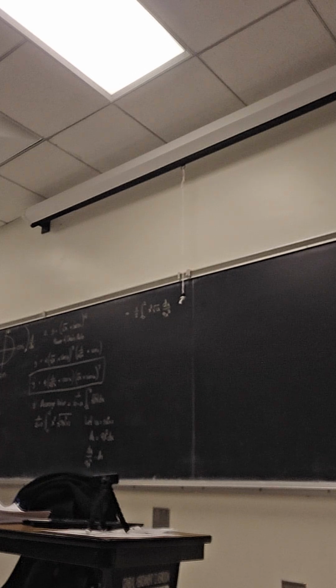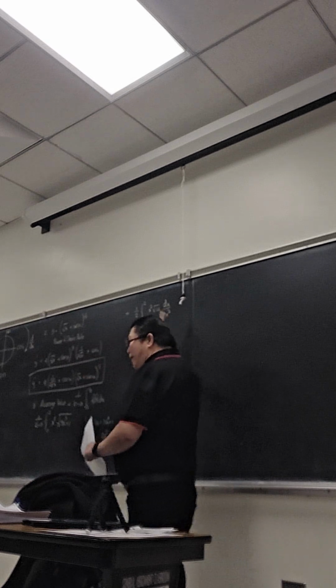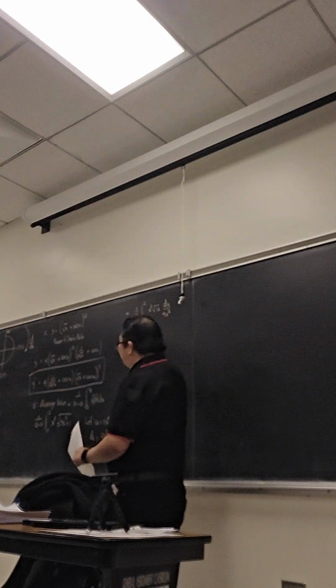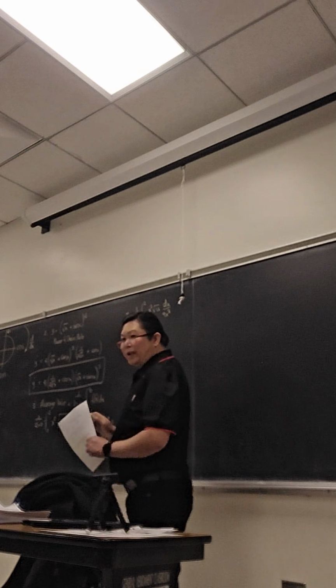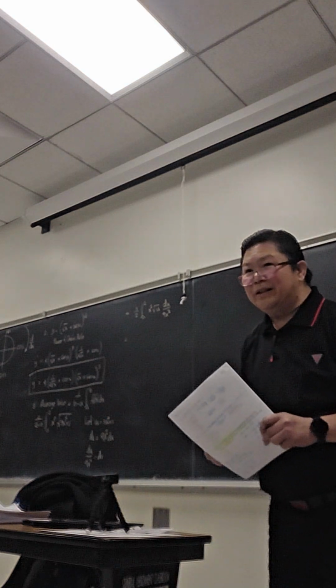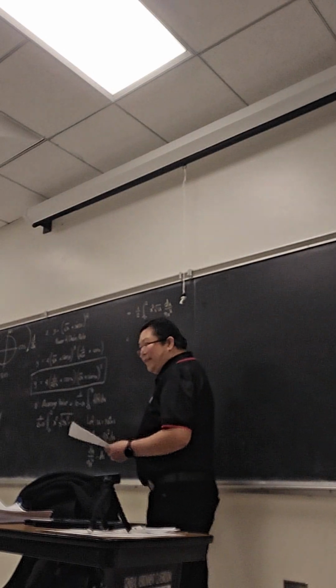Okay, so which means, can we skip one step? Instead of writing 1 over 9, I just multiply right away. 2 times 9. Make sense? Yes. So this is 1 over 18.